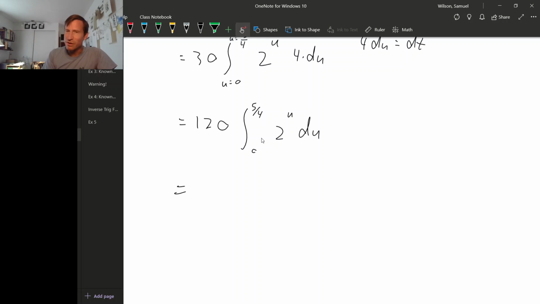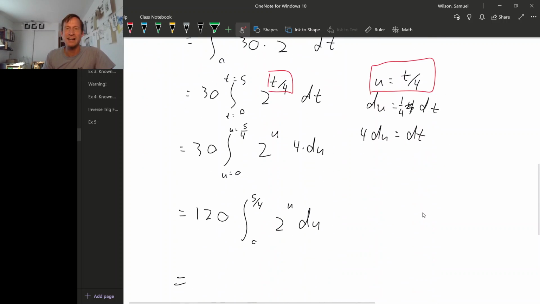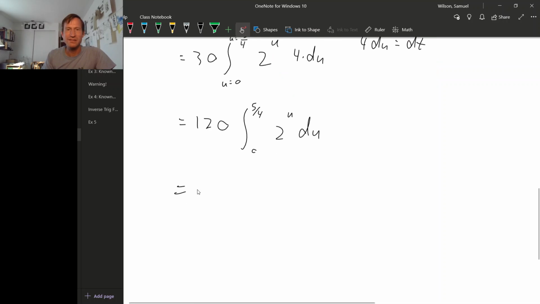When you take a derivative of 2 to the u, you get an extra factor of natural log 2. That's what we said way up here. When you're taking a derivative, you get an extra factor of the natural log of the base. So when you're taking an antiderivative, you need the opposite of a factor of the natural log of the base. So I guess that's going to be 1 over the natural log of the base. So 1 over natural log 2, 2 to the u, from 0 to 5 over 4.